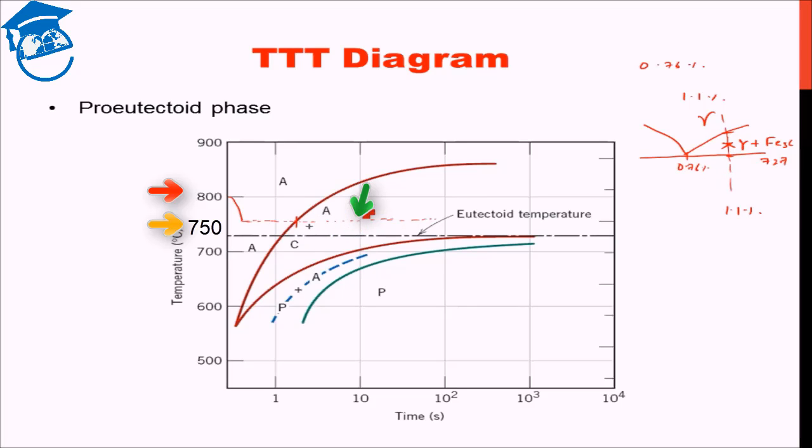So in this region we have gamma, that is austenite, plus proeutectoid cementite. Fine. Now suppose instead of an isothermal hold here, we isothermally hold it somewhere over here. What will happen again is that obviously there will be some proeutectoid cementite formation before it hits the pearlite start curve.